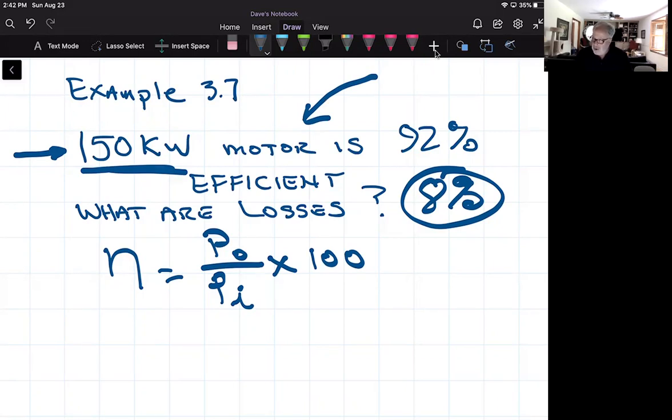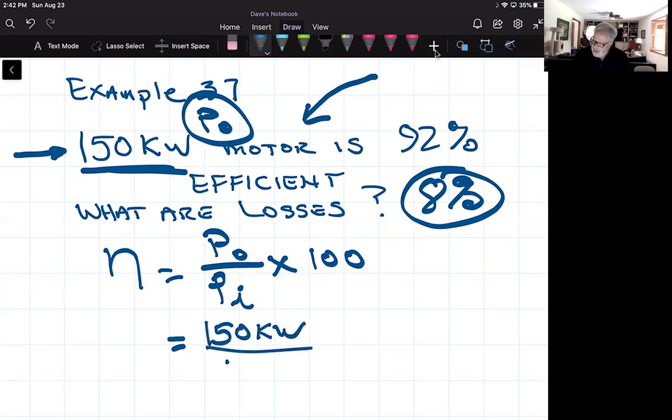When you work a problem like this and you're trying to figure out which goes where in this equation, this is given as the power out. So we have a 150 kilowatt output motor. The power in, we don't know. But we know it's 92% efficient.